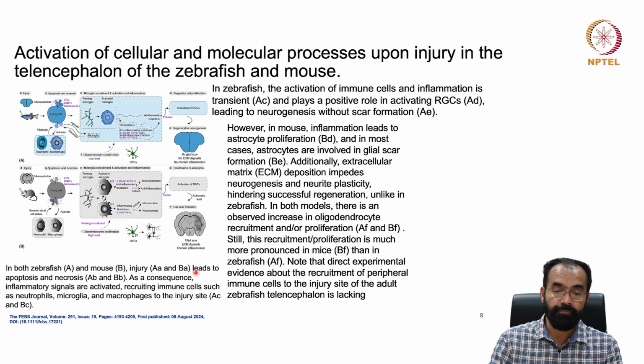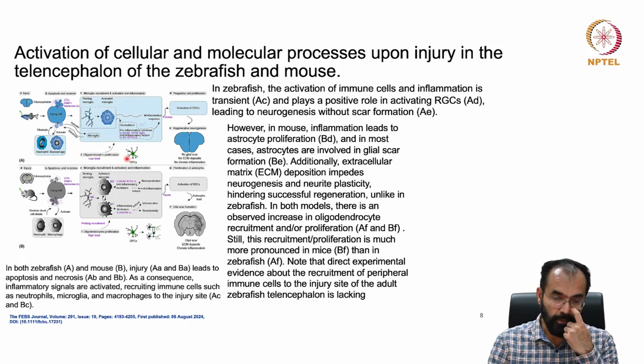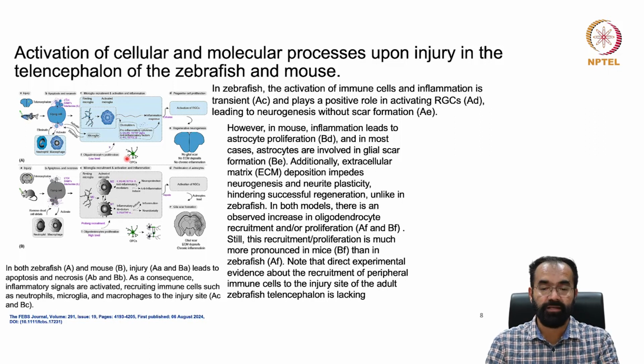Aa and Ba lead to apoptosis and necrosis in zebrafish. As a consequence, inflammatory signals are activated in zebrafish, recruiting immune cells such as neutrophils, microglia, and macrophages to the injury site, which you can see in Ac and Bc. In this picture you can see very clearly how injury causes the recruitment of various immune cells.